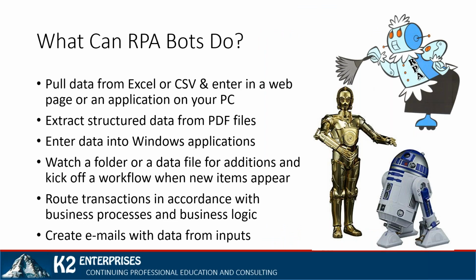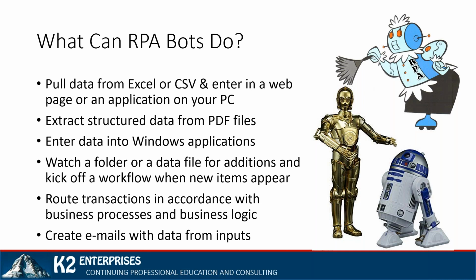So what are some of the things you can do here? You can pull data from Excel or a CSV and enter it into a web page. You can extract structured data from PDF files. You can have an app or a bot watch a folder, so whenever something new is added, it can kick off a workflow for when the new items appear. We can route transactions in accordance with business logic.